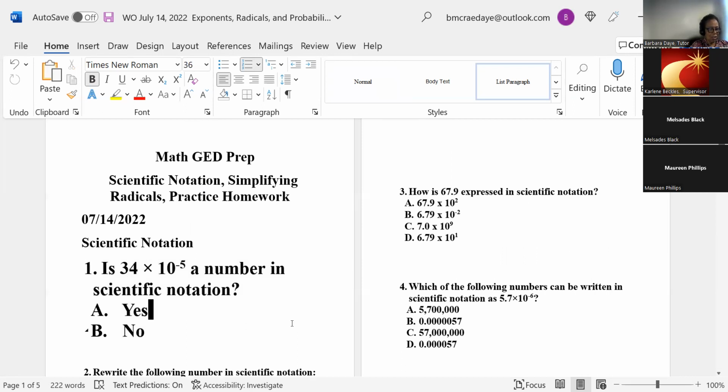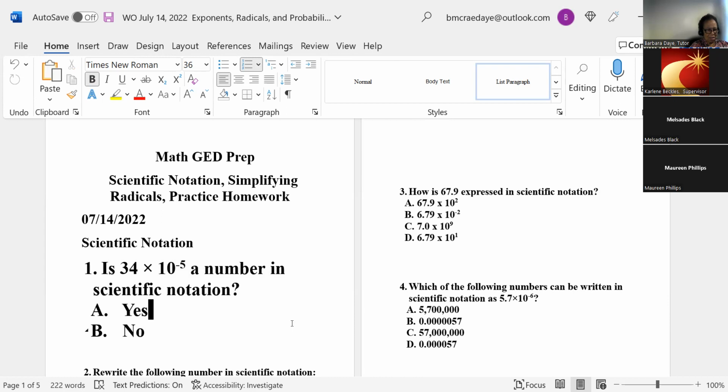Okay, now you answered it correctly, and you said no, Mercedes. Why is that expression not a number in scientific notation? Because the right way to answer it is to say it must be less than 10. What must be less?